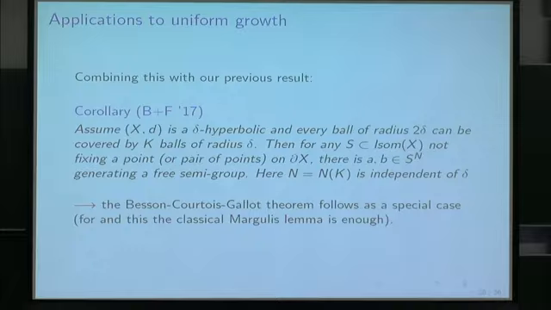Okay? And so this gives, in particular, a direct proof of this theorem of Besson-Courtois-Gallot as a special case. And we are hoping that somehow this approach can be used to show uniform exponential growth in many other settings. And I'll stop there. Thank you.